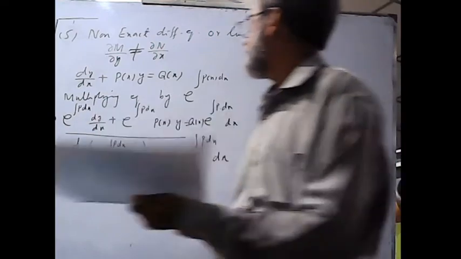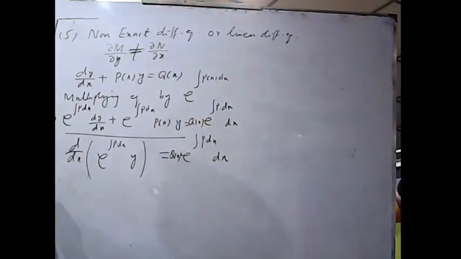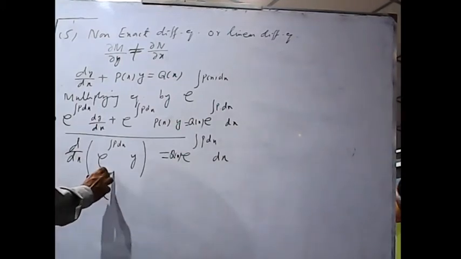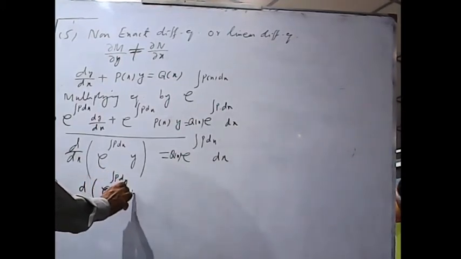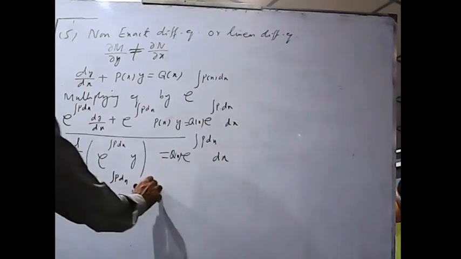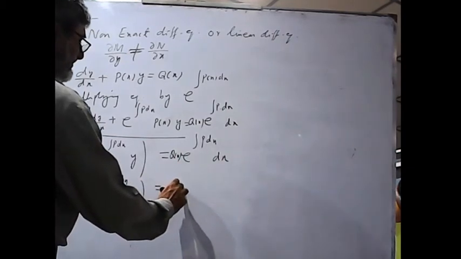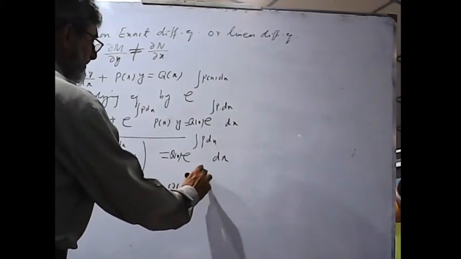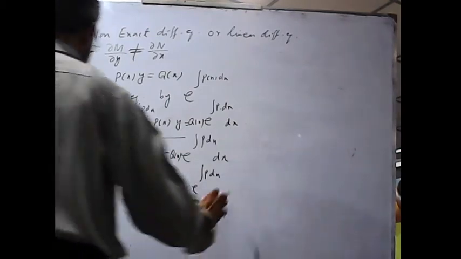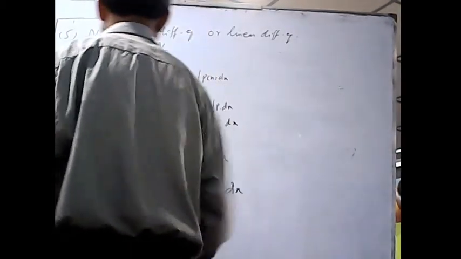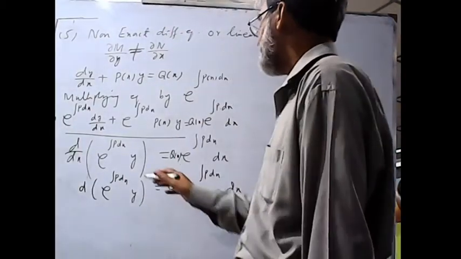Now, the equation after this u into v formula is in separable variable form: d of e to the integral p dx times y, is equal to q x e to the integral p dx, dx, and then just integrate.